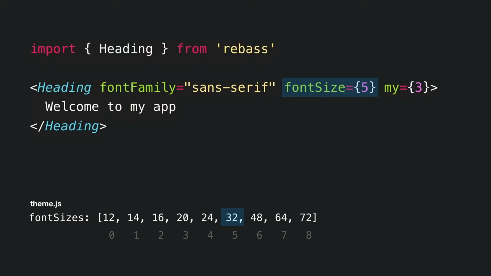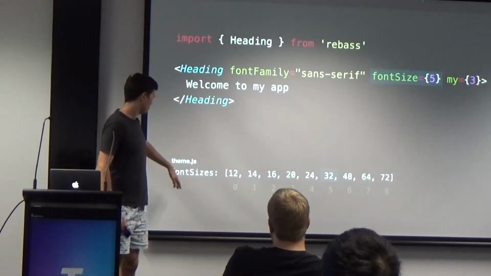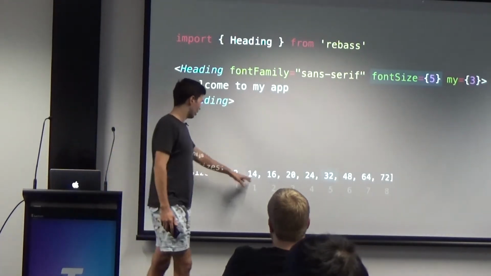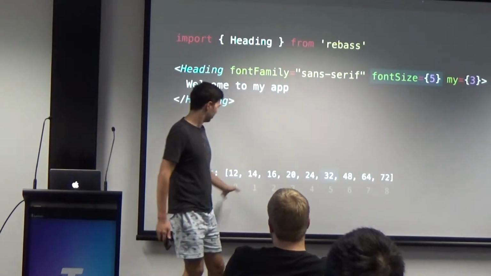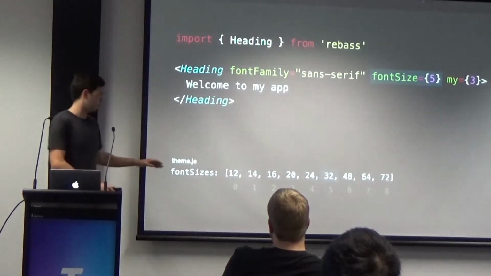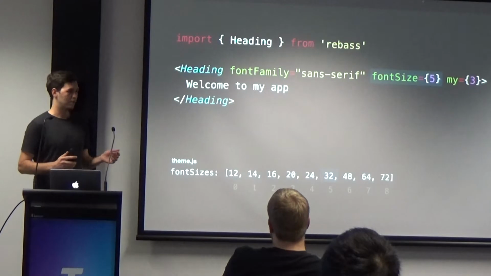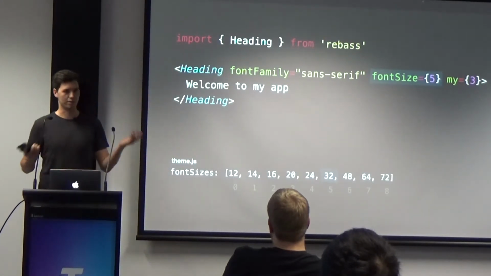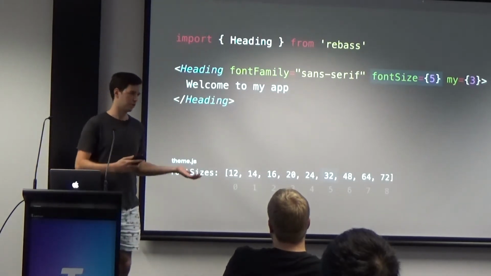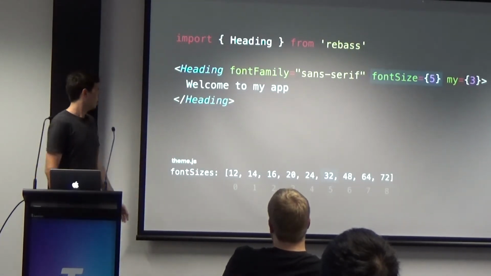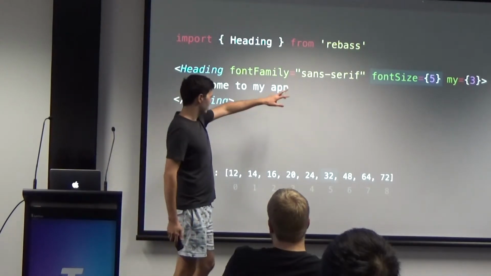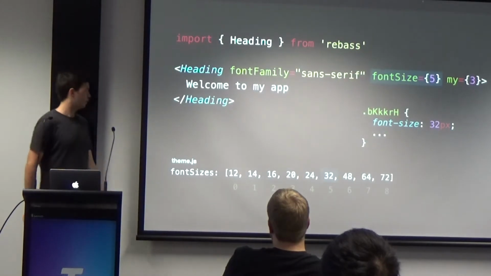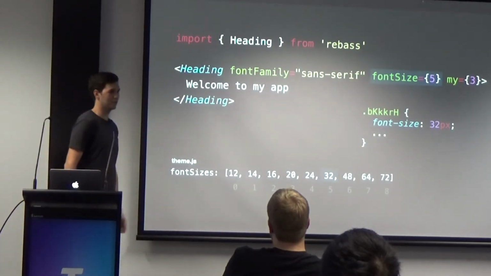So here, I'm saying that in my app, I want the smallest font size to be 12 pixels, all the way up, and I want to use all of these font sizes, and I can basically pass a number instead of remembering font size 12 or font size 14. I can just say I want the 0th font size or the 1st font size. So here we've got font size 5, so I want a nice big 32 pixel font. And there we go. We have it coming across to our CSS.